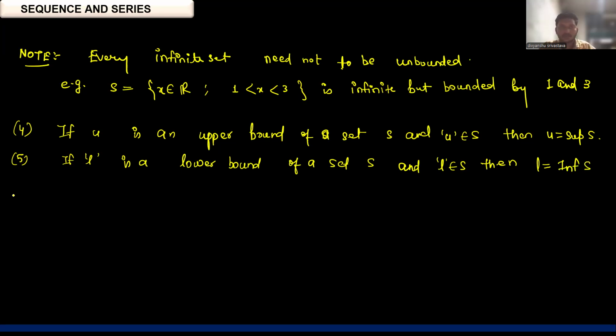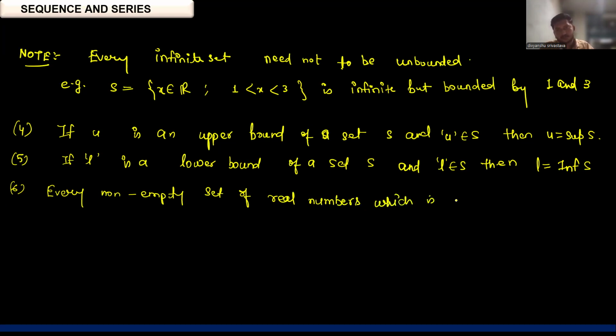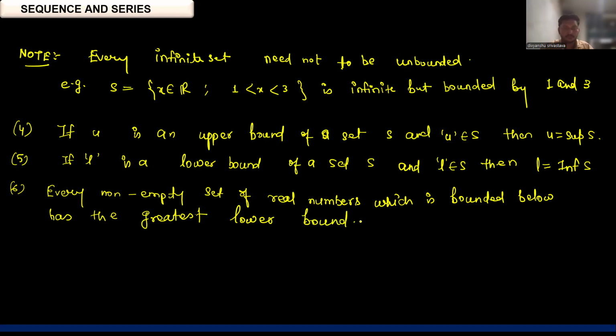And point 6: every non-empty set of real numbers which is bounded below has the greatest lower bound.